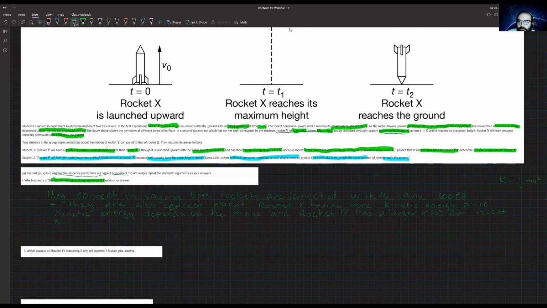X. Okay. And the same speed, just in case.